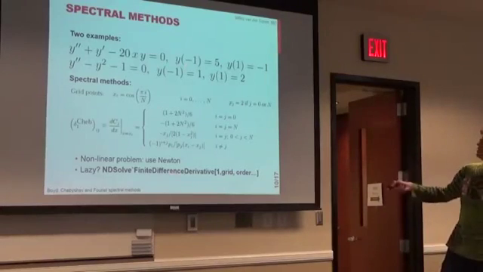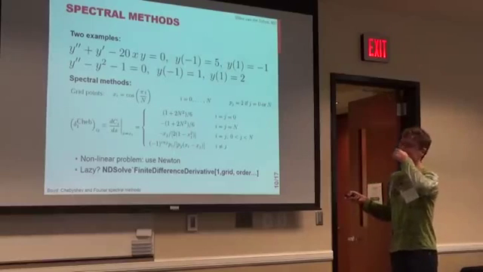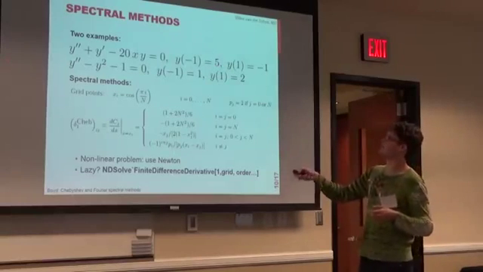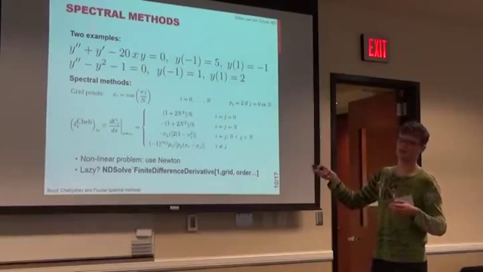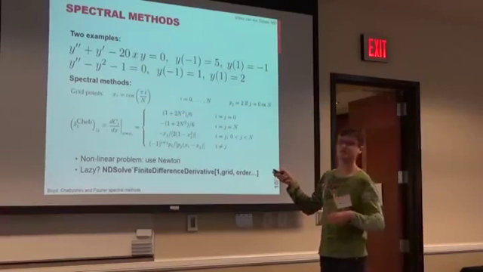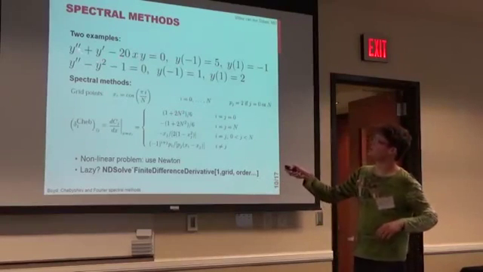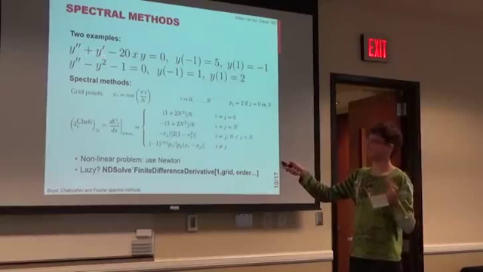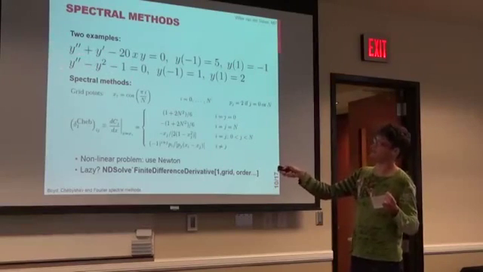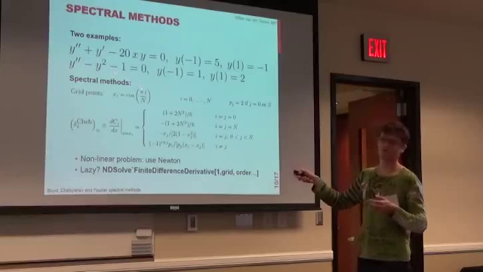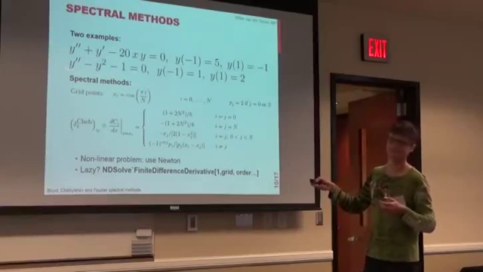Good. So, spectral methods. I wrote down 2 simple examples here, and I'll solve a slightly different one in Mathematica for you in just a moment, where you have an equation which can be linear, and this one can be nonlinear. If it's nonlinear, you use Newton's method. We won't do that today, but it's almost as easy.